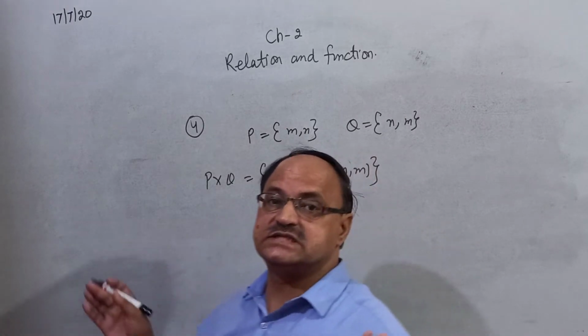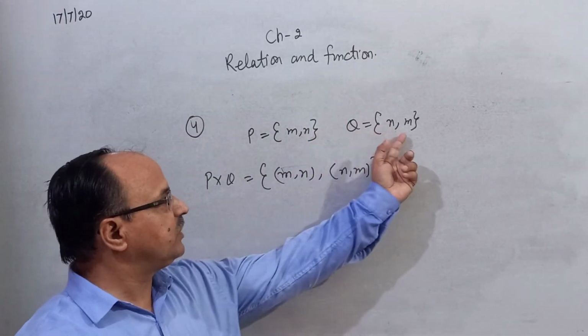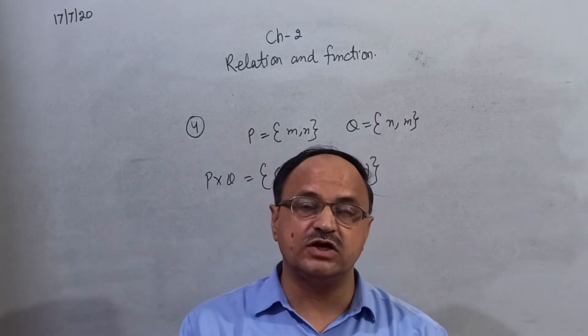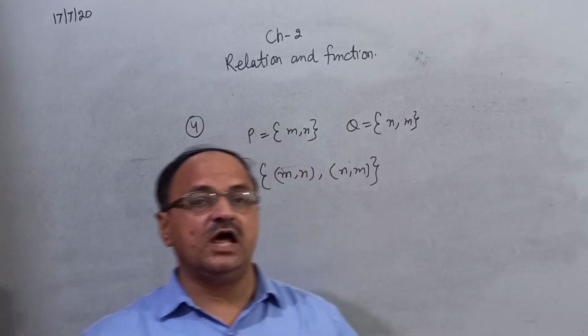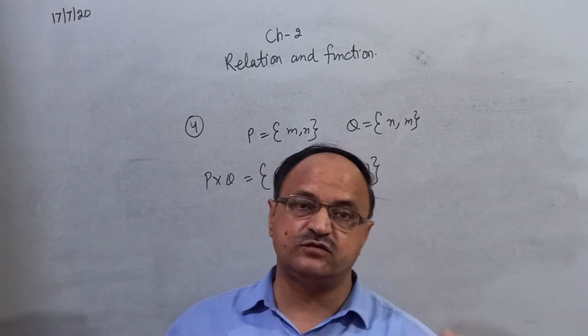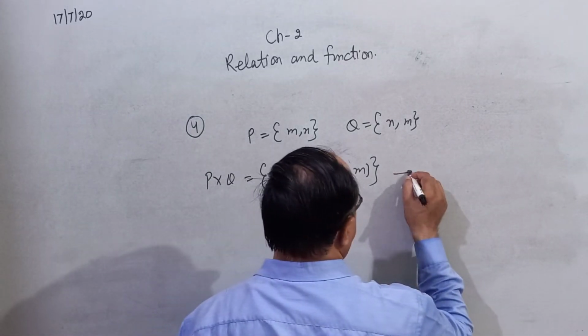You have to decide. You know that P contains 2 elements and Q contains 2 elements, which means P cross Q contains 4 elements according to the formula 2 into 2, 4. But here P cross Q contains only 2 elements. Therefore this statement is false.